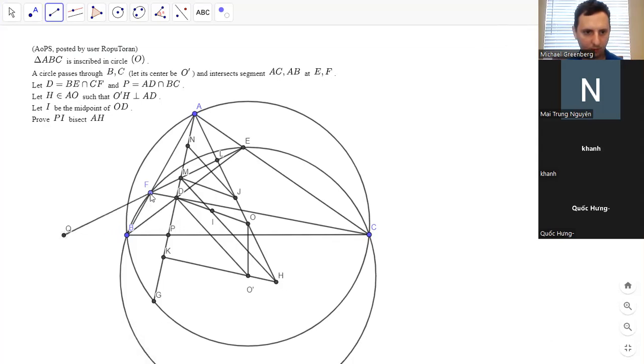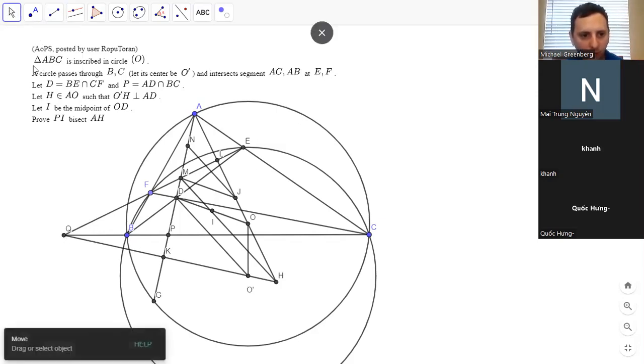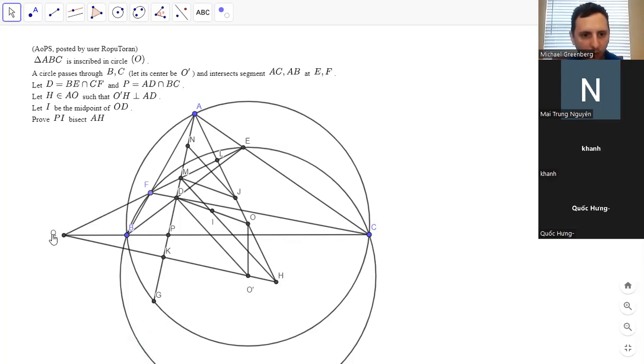Sorry, but what did you say we need to prove? Oh, that EF, BC, and KH are concurrent. I don't think that will solve it, but that is true due to Brocard. Since by Brocard we have O prime is the orthocenter of ADQ, we have O prime Q is perpendicular to AD.